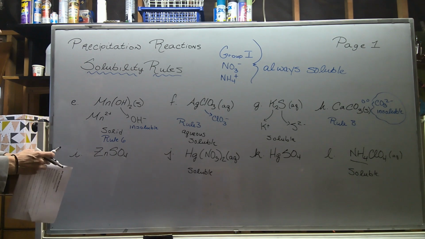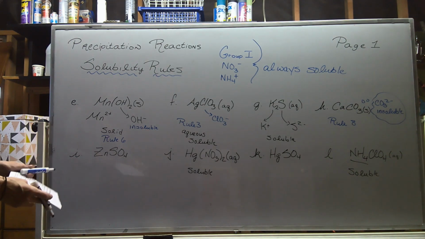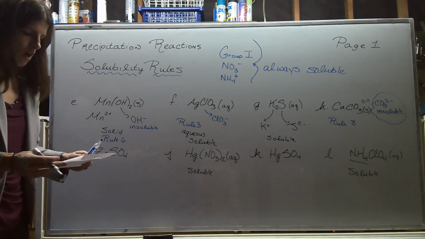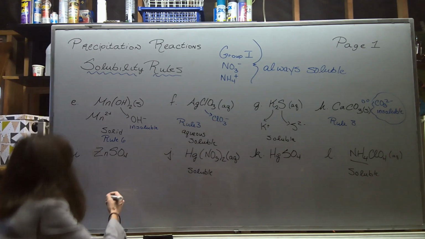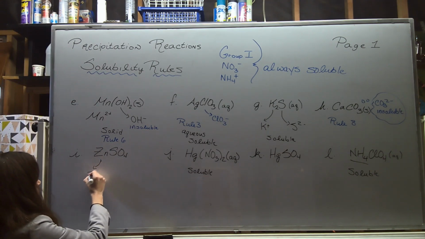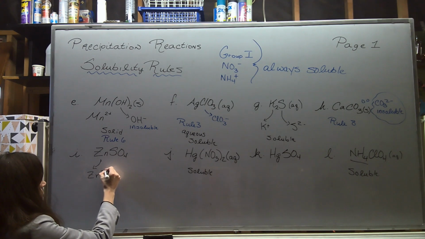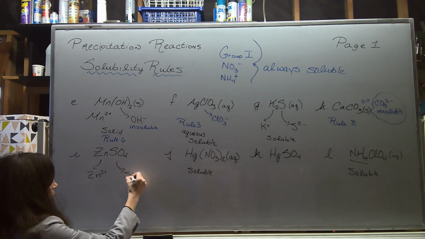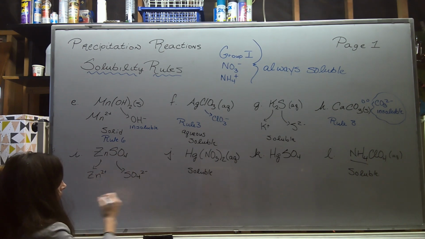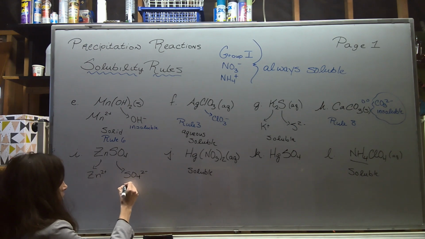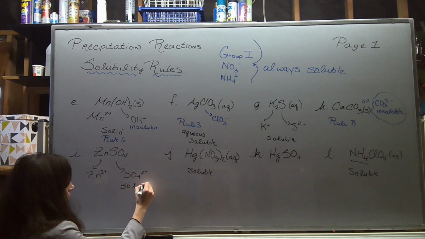So we have zinc sulfate. Sulfates tend to be soluble. That's going to be rule 5. So this would split into Zn2+ and SO4 2-. This tends to be soluble with exceptions.